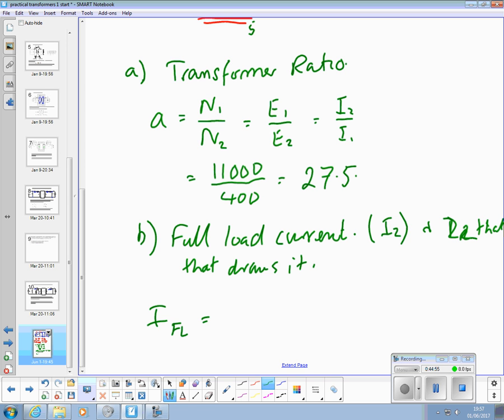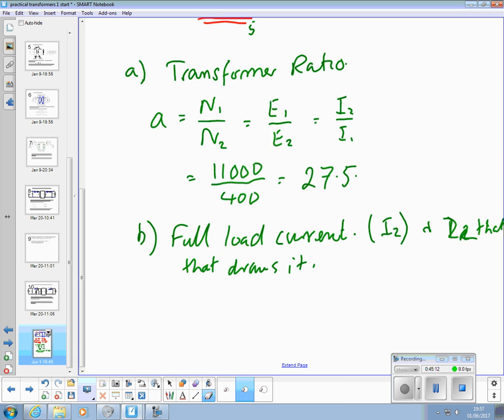IFL is equal to S nominal. Hang on, let's do it a bit better than that.